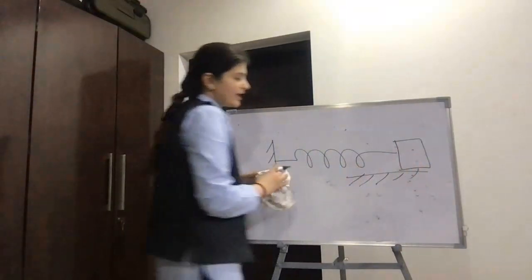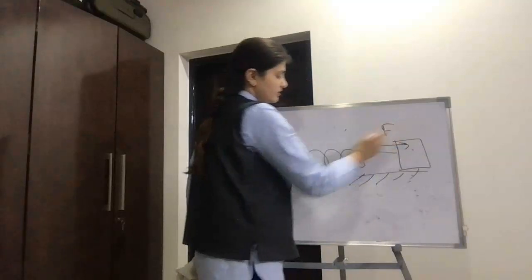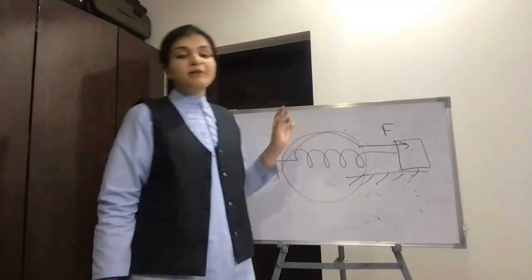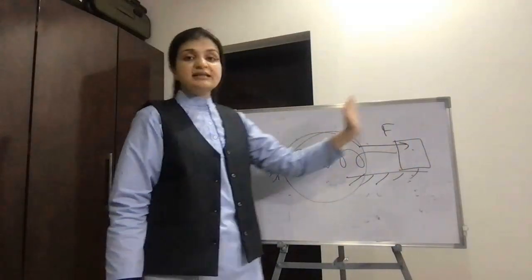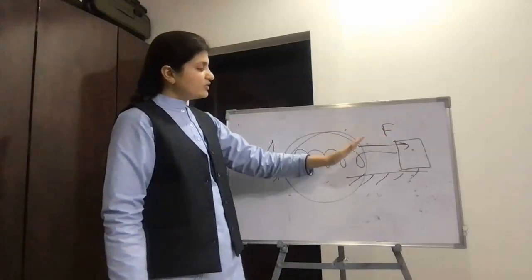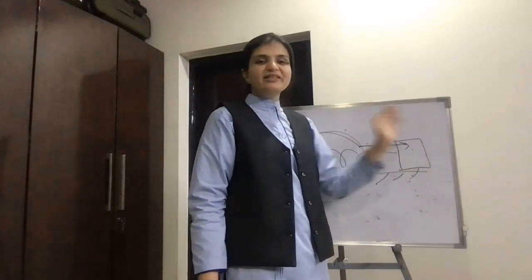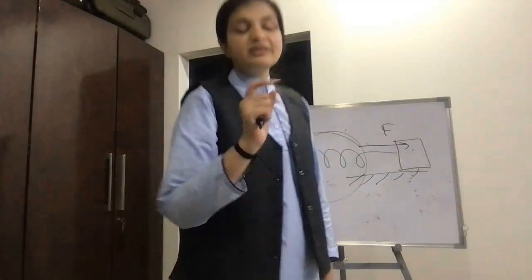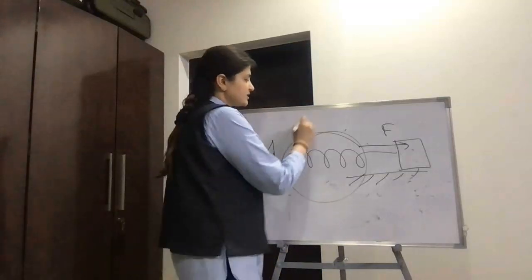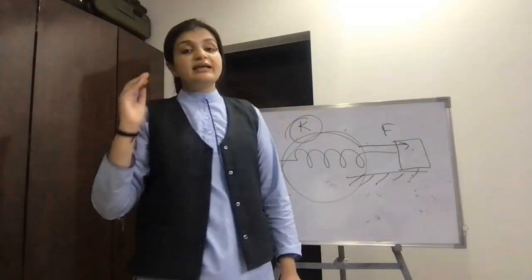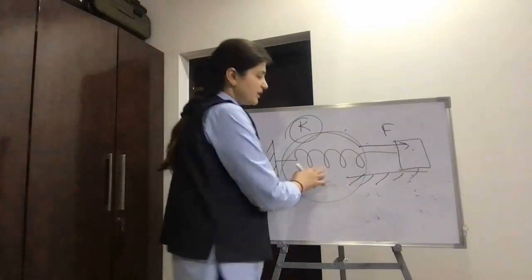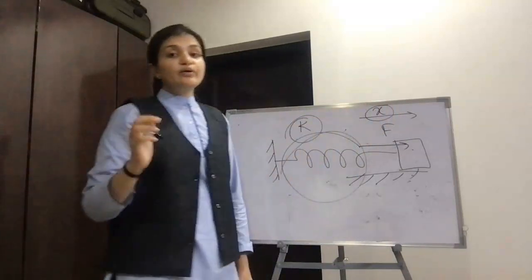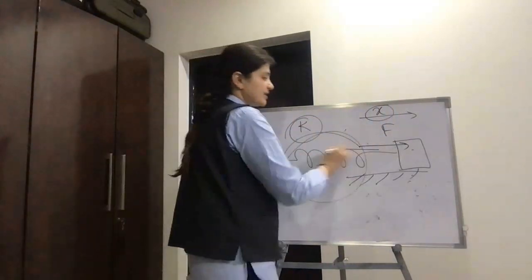If we have applied a certain amount of force on this spring, then this spring can either be extended or compressed. So if we have applied a force on this spring which has a spring constant K, let's assume this spring is extended to an x distance. So the force which is acting on it is Kx.